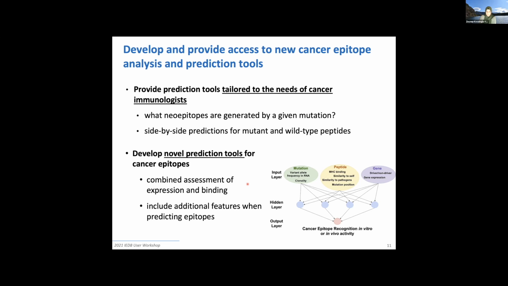So we want to use the data curated in CEDAR to explore which additional features might be beneficial to further improve predictions. And ultimately, we want to develop a novel machine learning method that takes into account all the different features that we have identified and hopefully provide more accurate predictions.